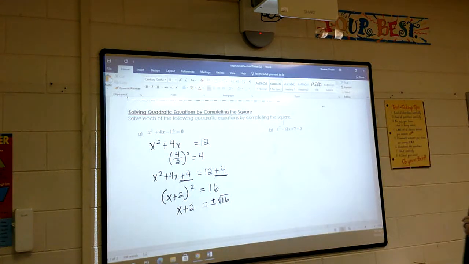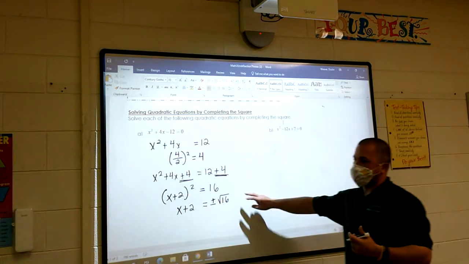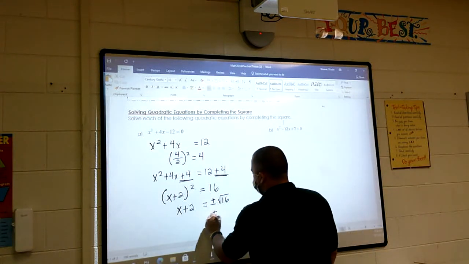So the square root of 16 is 4, but 4 times 4 will give you 16, but also negative 4 times negative 4 will give you 16. So you have to put plus or minus there when you take the square root. So plus or minus 4.